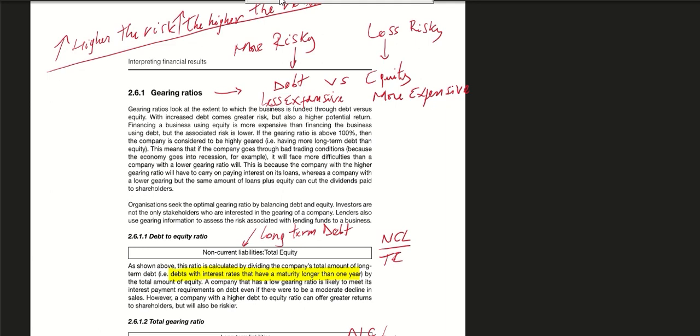So you want to obtain capital, you must understand that debt is less expensive but more risky, because if you are going through economic turbulence or the company is not doing quite well, they are still obligated to pay the interest on those debts, right?